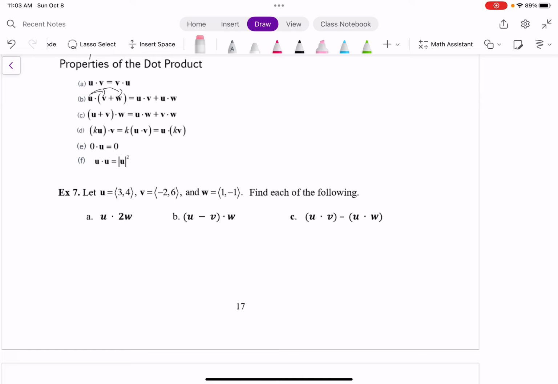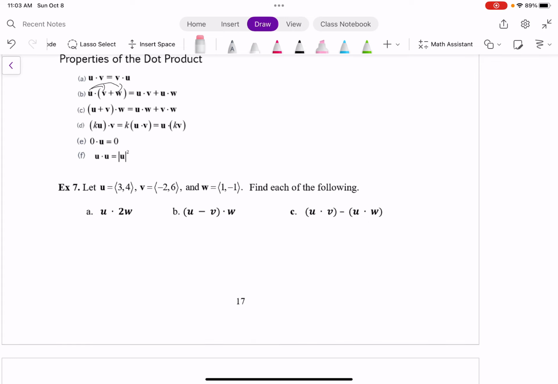So I can pull out the k and do the dot product between u and kv. And 0 dot u equals 0. u dot u is the magnitude of u squared. So these are the properties. You will also learn these in calculus. I think in calculus 3, you will learn it again.